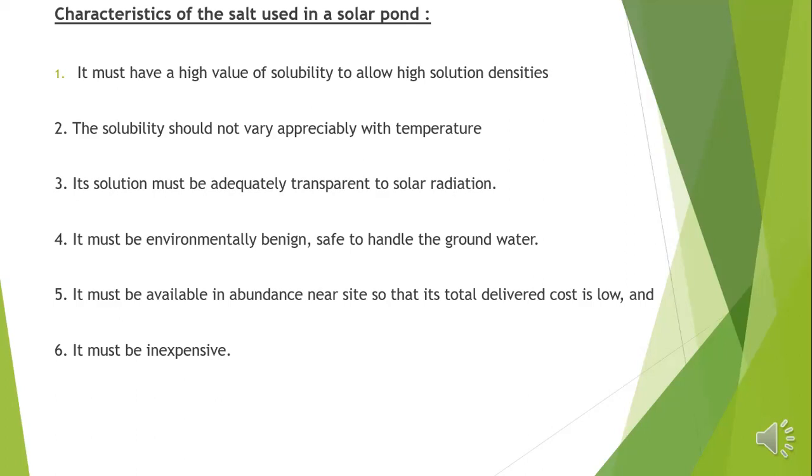High solubility means it has to dissolve into the water quickly, and no residue should remain after the dissolution of the salt. So if there is a high value of solubility, it allows high solution densities.